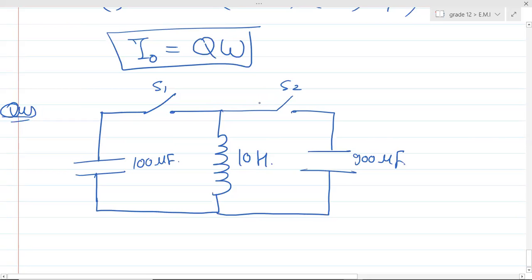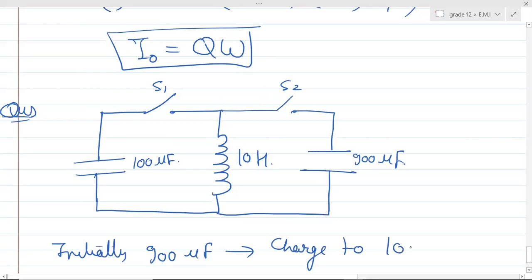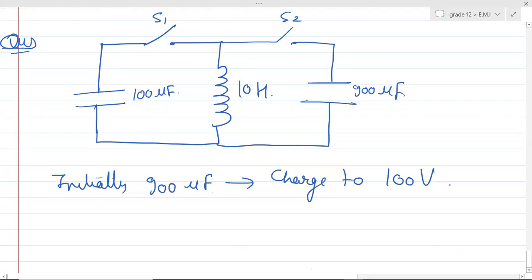Okay. Now the question is, initially the 900 microfarad capacitor is charged to 100 volt and the 100 microfarad capacitor is uncharged. Okay. अब क्या किया?